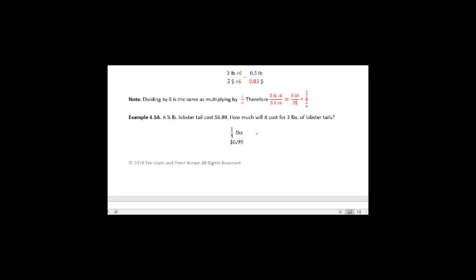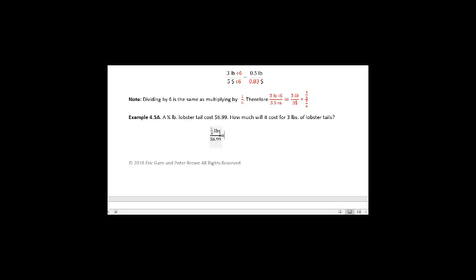And what we're trying to do then is find another equivalent ratio. Here, I'll move that over. Another equivalent ratio that is, trying to make that bigger. Another equivalent ratio that uses 3 pounds.